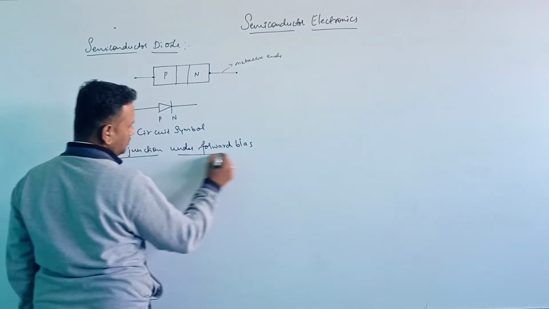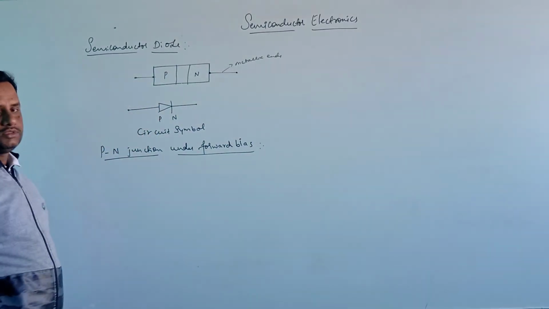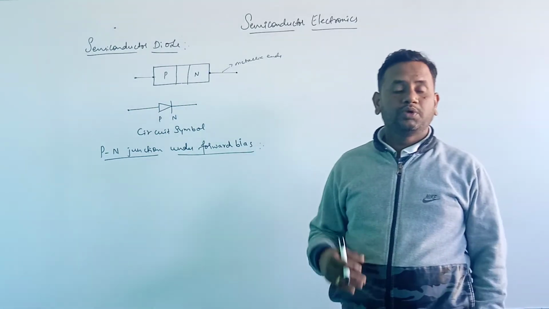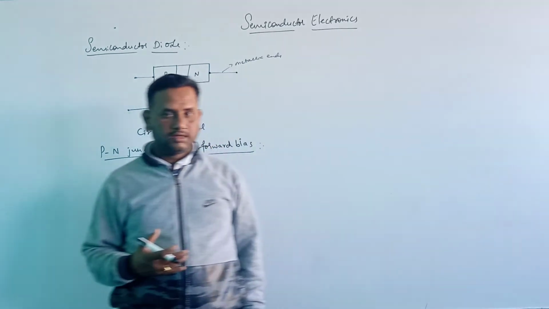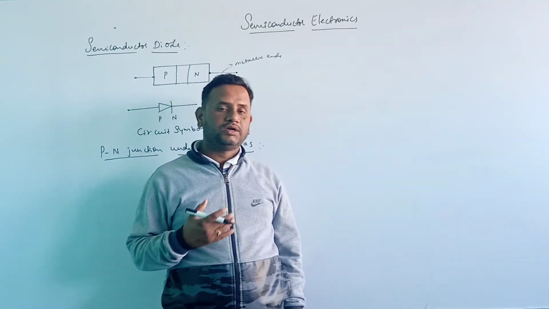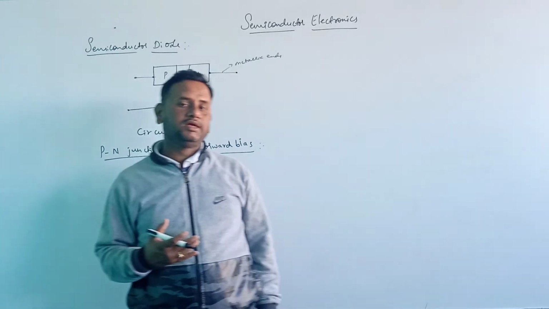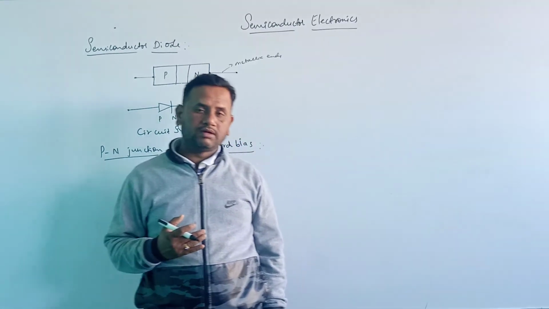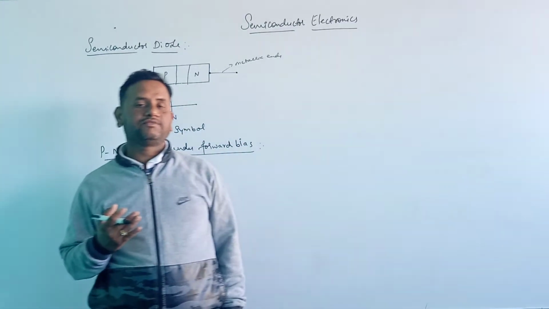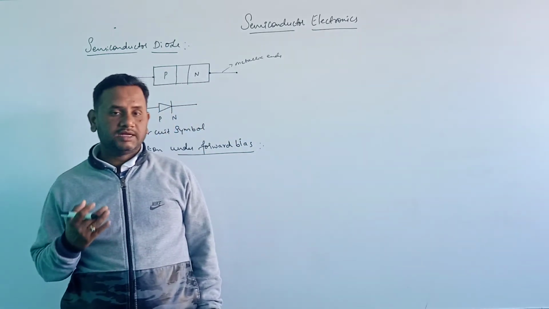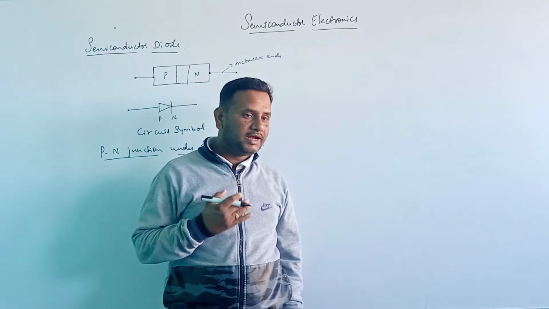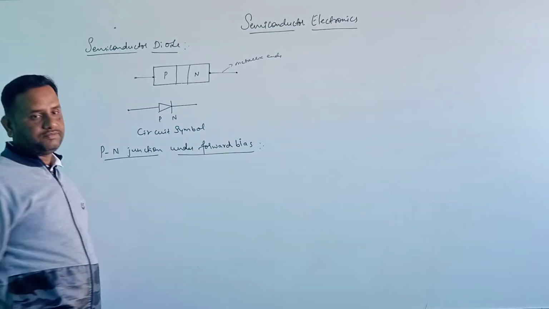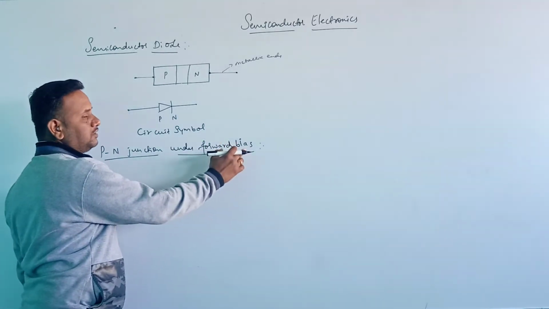When an external voltage is applied to the PN junction, whose P side is connected to the positive terminal of the battery and N side is connected to the negative terminal of the battery, then it is said to be forward bias.